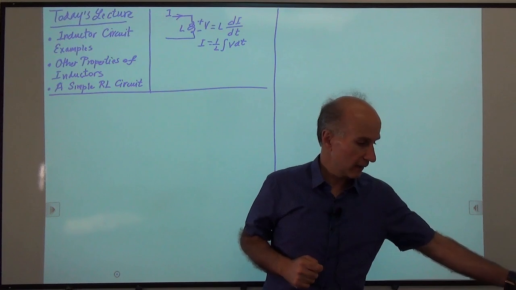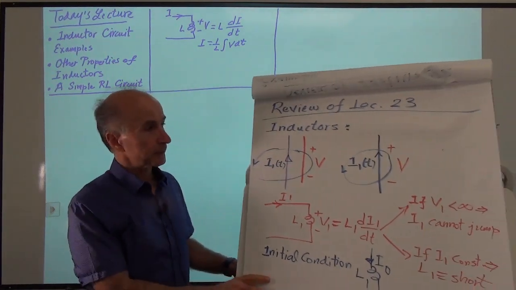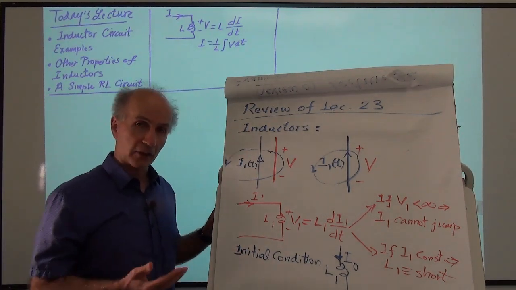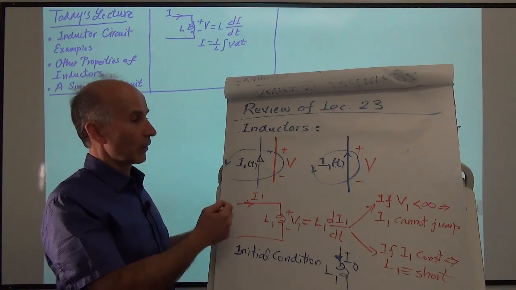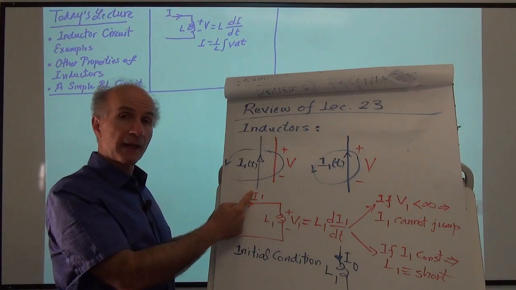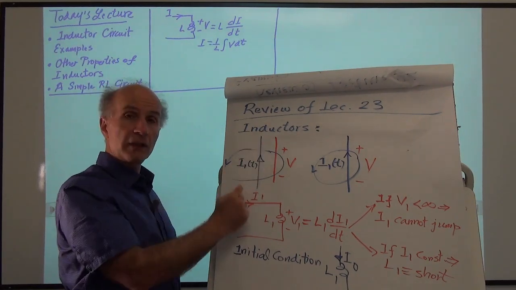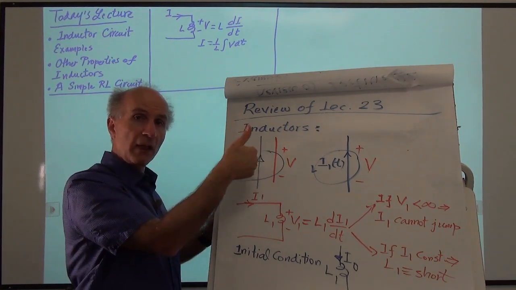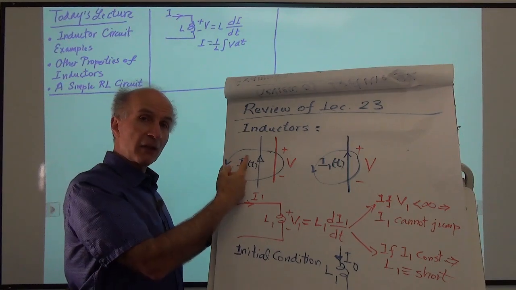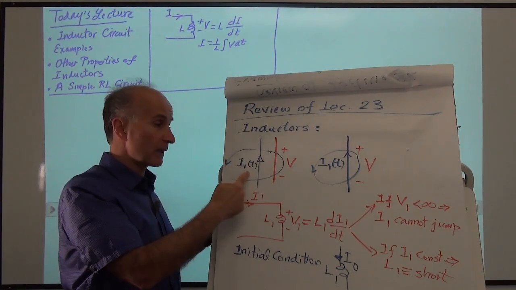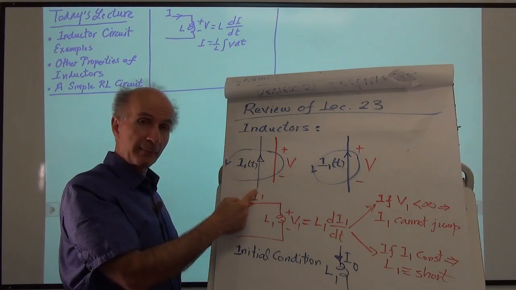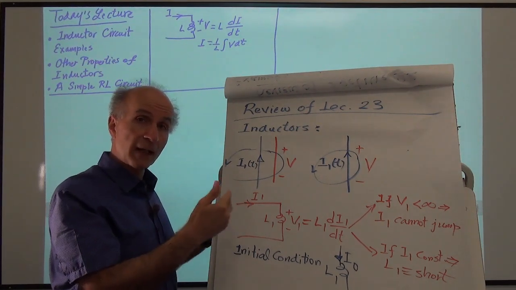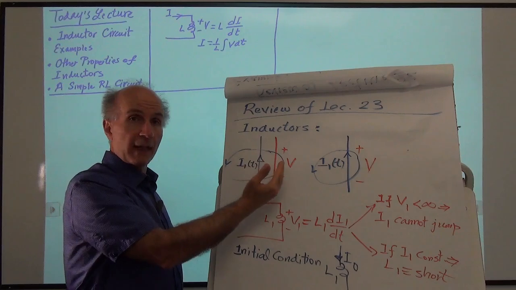But before we go there, let's take a look at what we covered last time. So we started by introducing the concept of inductance and inductors, and we saw that the original observation by Faraday was that if we have a wire carrying a current and hence generating a magnetic field around it according to the right-hand rule, and if this current changes with time, which means the magnetic field changes with time, then this time-varying magnetic field can induce a voltage on, for example, a separate piece of wire.